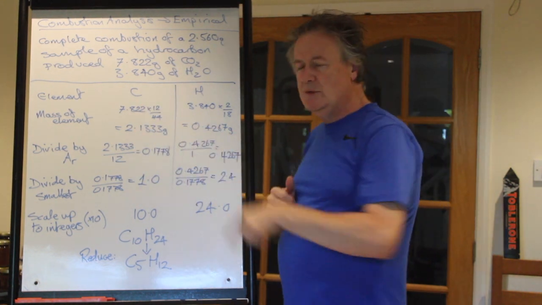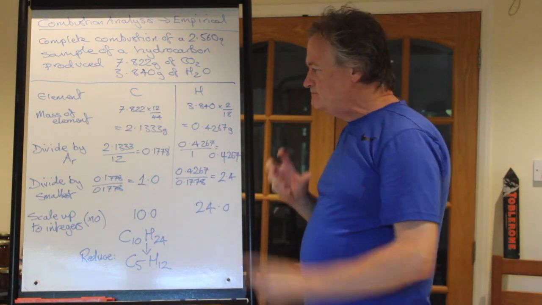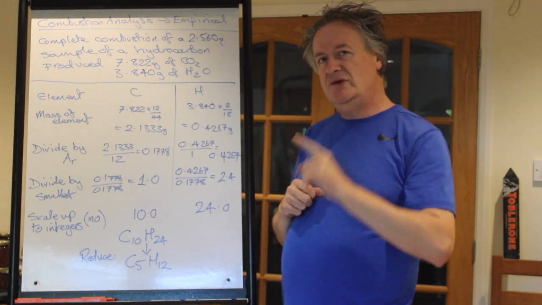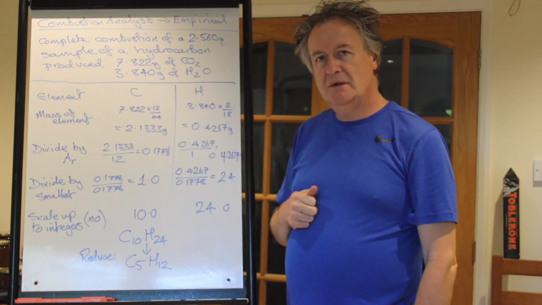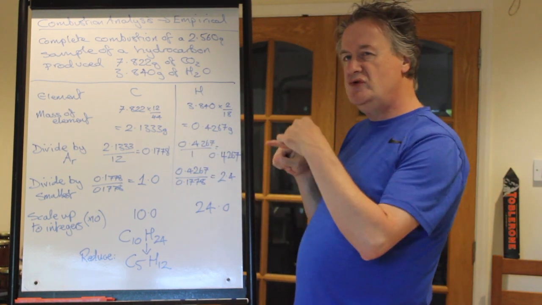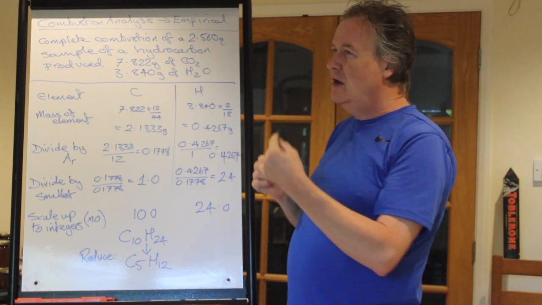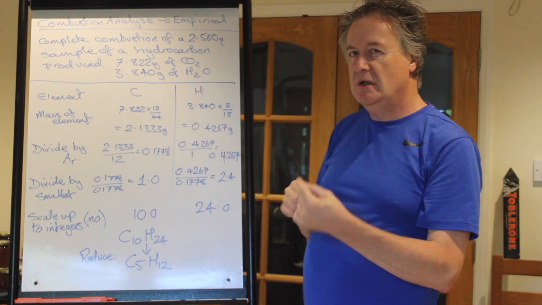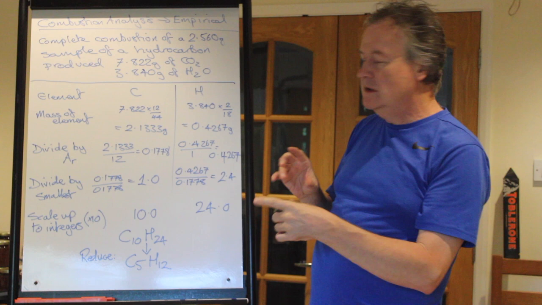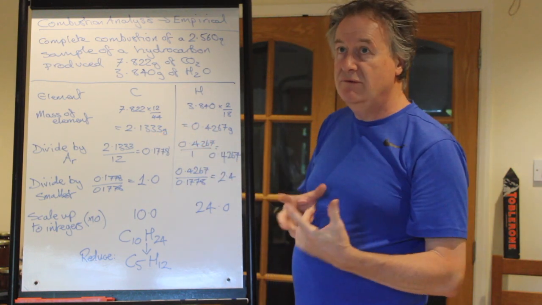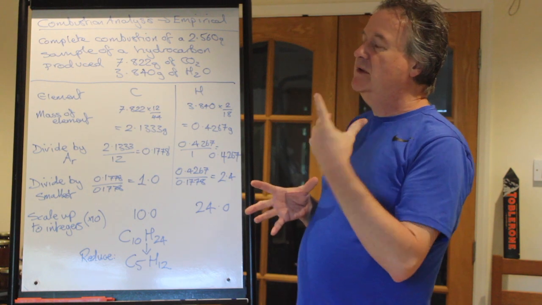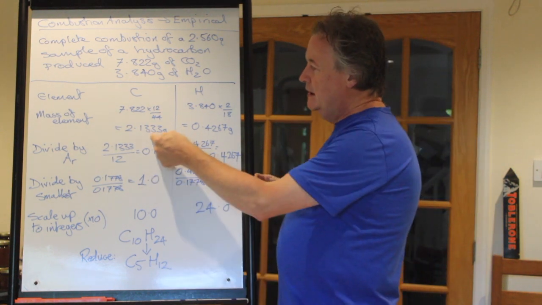Now you look at the number of decimal places and think, that's way too many. The point is, you go over on the number of decimal places just to make sure you don't round something too much and come out with a ratio that doesn't quite work later on. So I would always go 4 or even 5 decimal places, because you get rid of it at the end anyway.